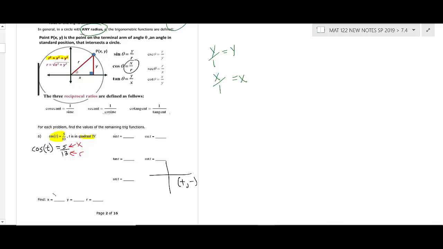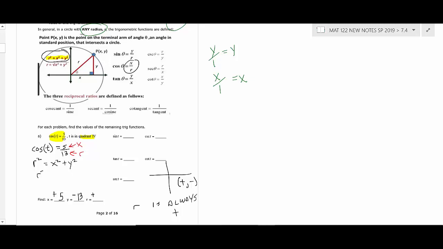So the answer to x is positive, the answer to y is negative, and r is always positive, because it's a distance, a radius. So x would be positive 5, and y would be negative 13. All we've got to do is find r, but you find that from the Pythagorean relationship. Just write down r squared equals x squared plus y squared, and then we can finish the problem.